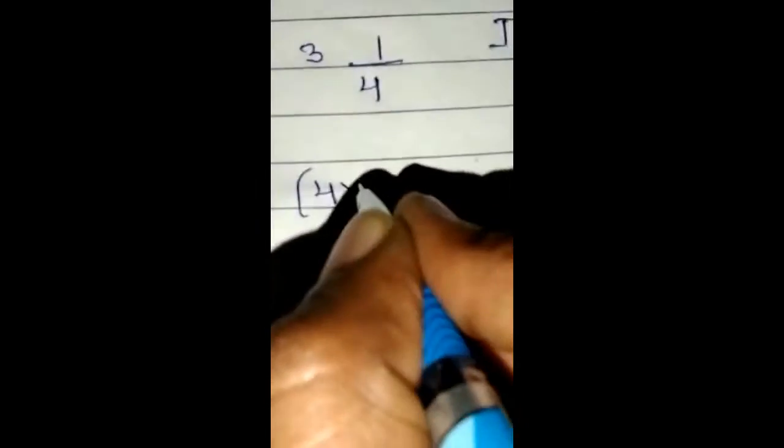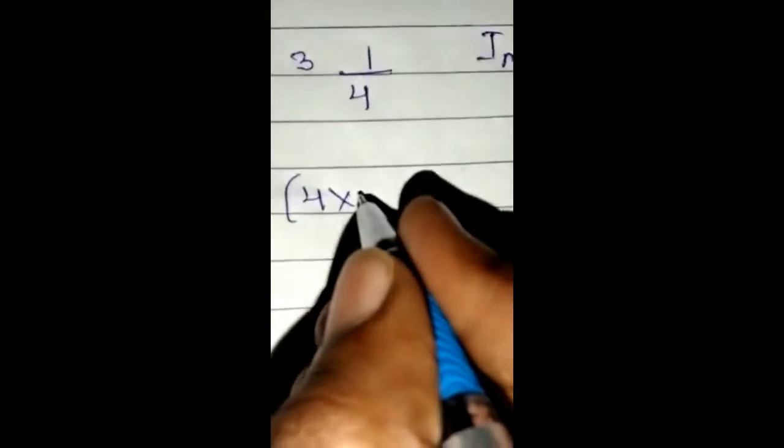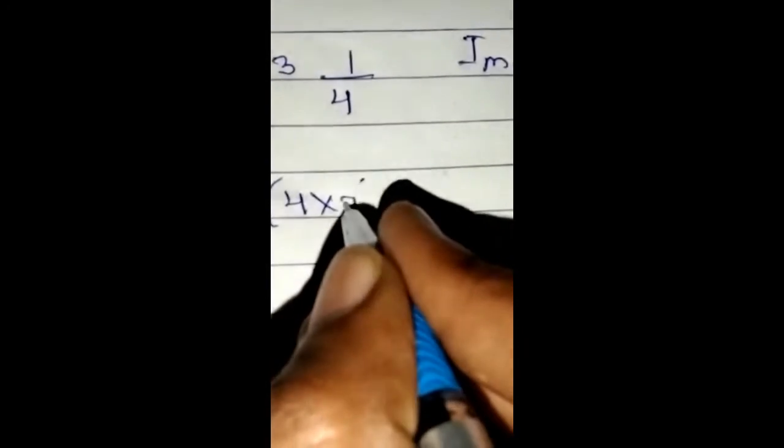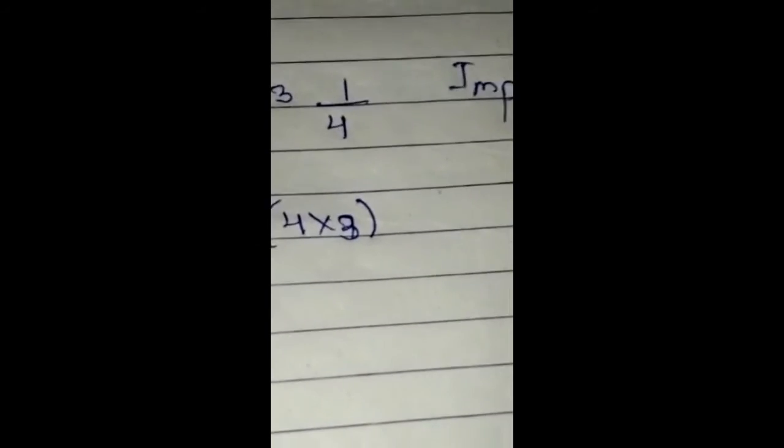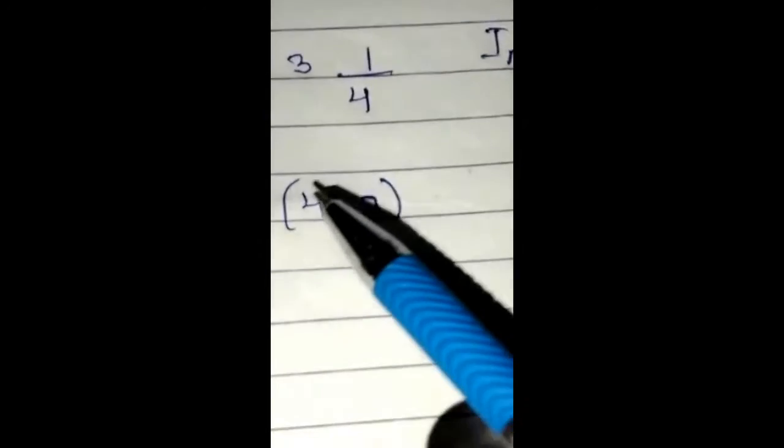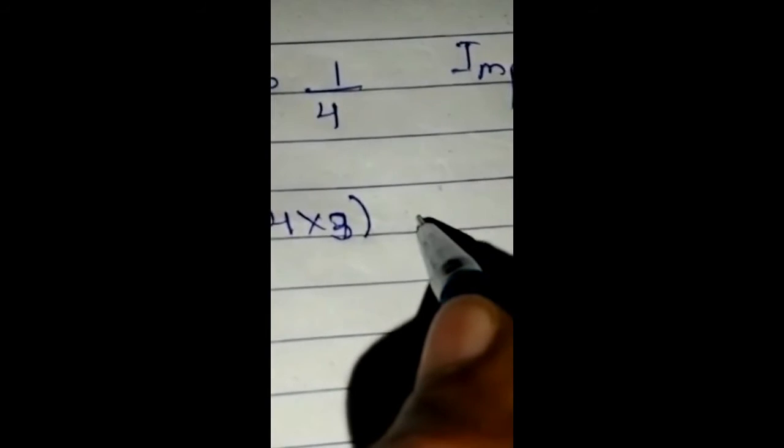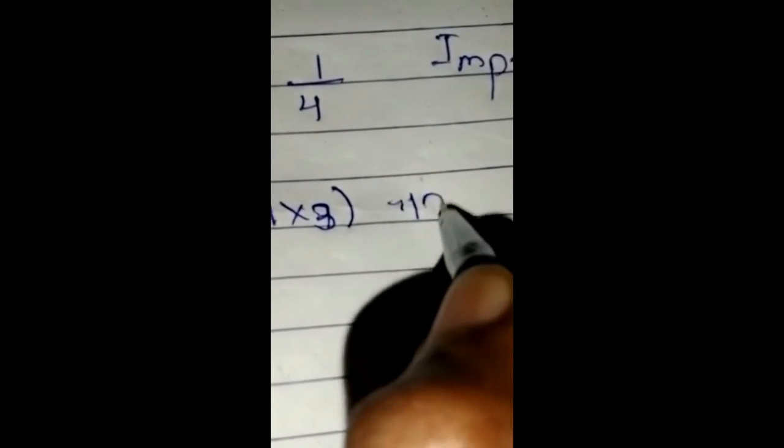Which is the whole number? 3 is the whole number. 4 threes are 12.